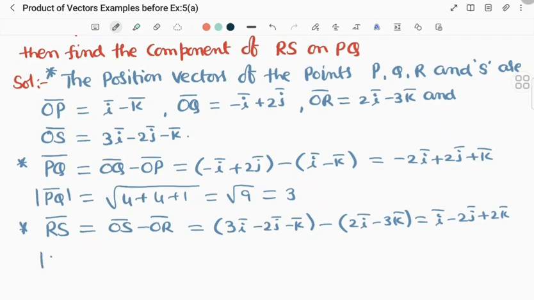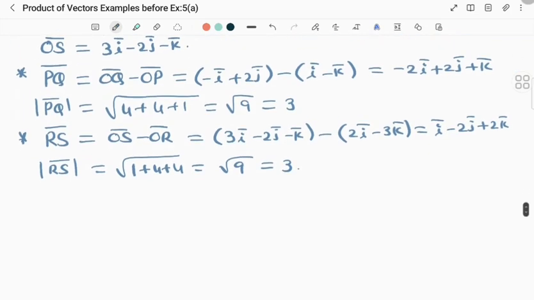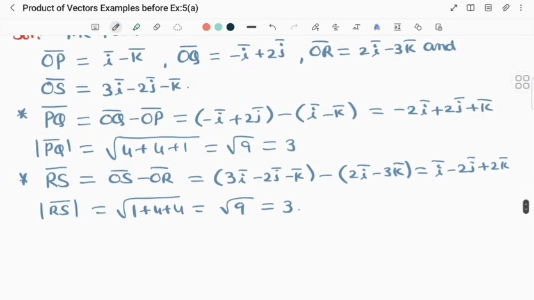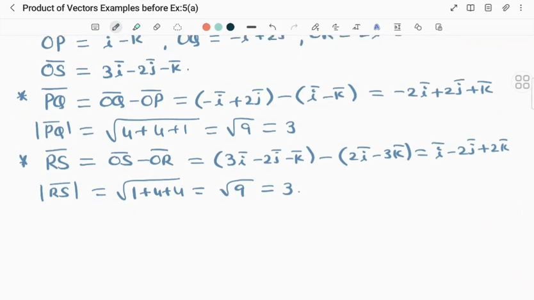For this also if you calculate the magnitude, root over 1 plus 4 plus 4, that is equal to root 9, that is also equal to 3. But the question here is the component of RS on PQ. How to write the component?